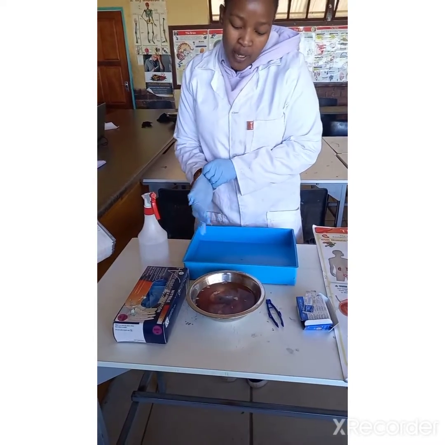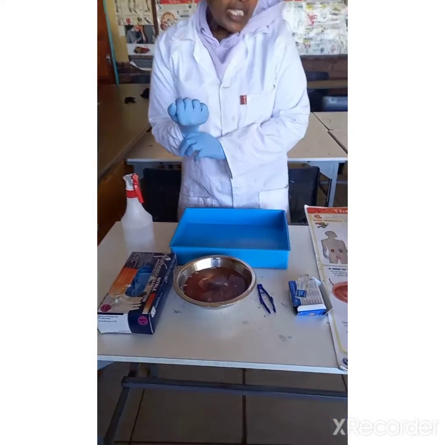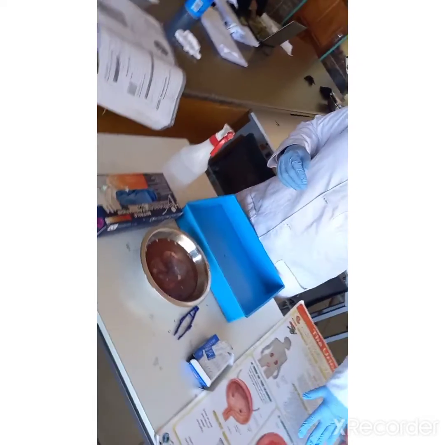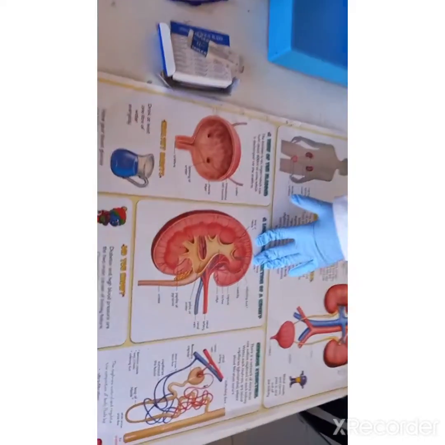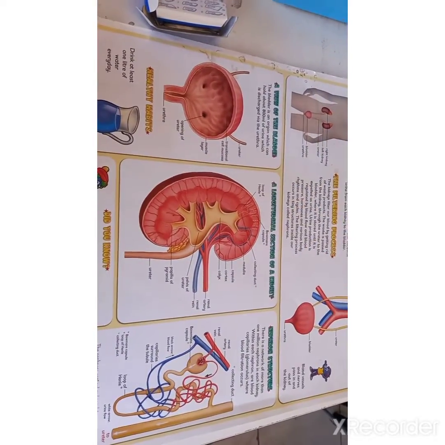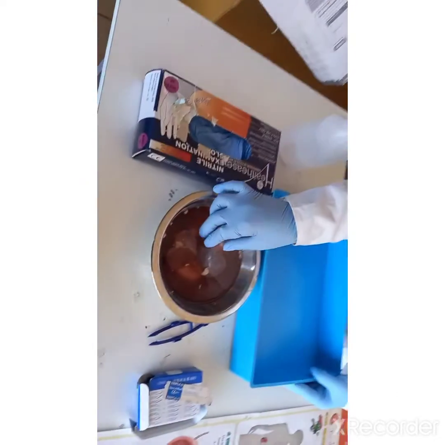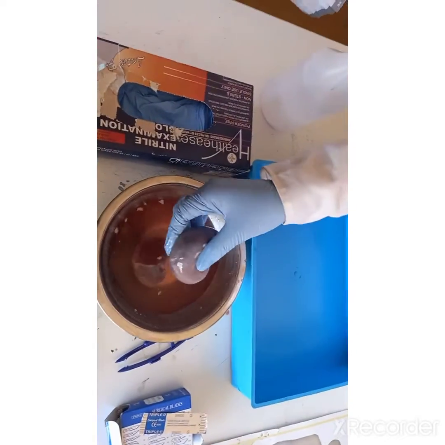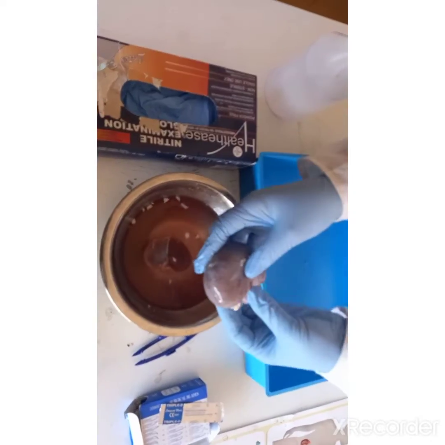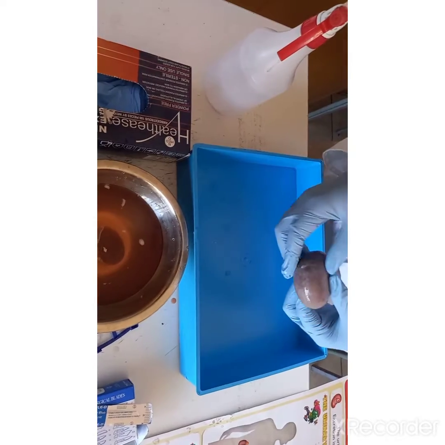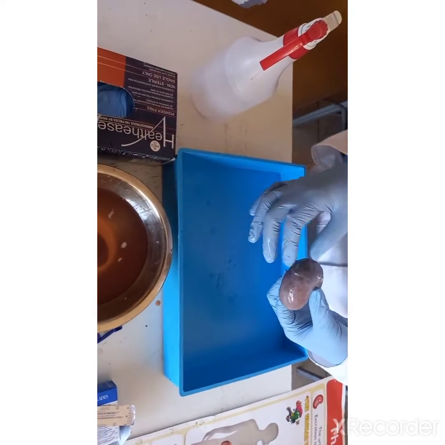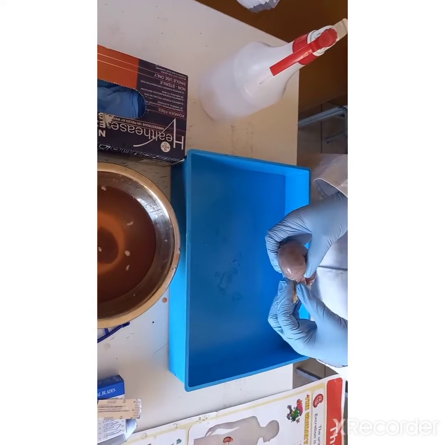After dissecting our kidney, you should be able to see a structure like this. First things first, before we can dissect our kidney, we should remove this protective layer we call the capsule.